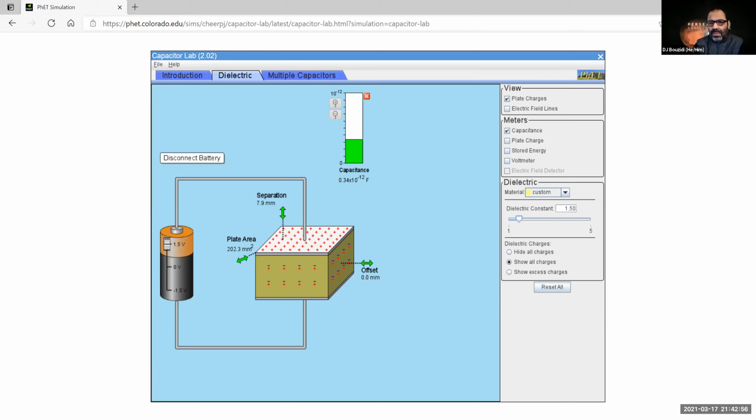And then the next one is what? Let me look at the table. So it's going to be increments of 0.5, basically. Then 2. Okay, that's roughly 2. This is the value of the capacitance. So this is 2.5.